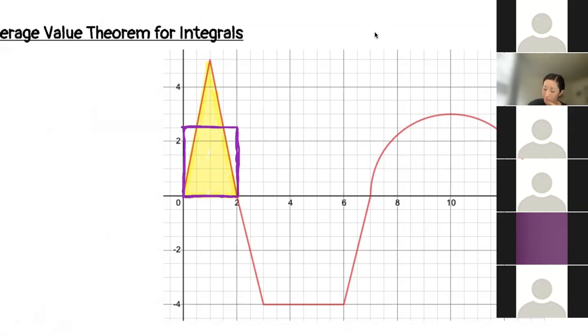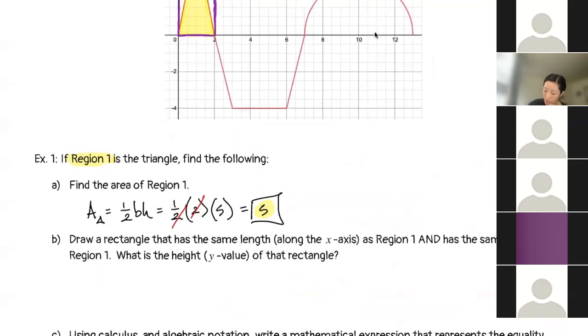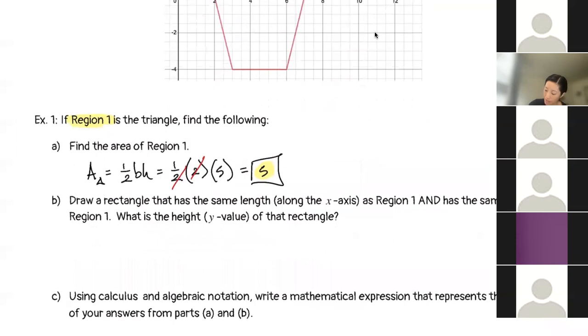Okay. So let's maybe capture what some folks are contributing in the chat. So it says draw a rectangle of the same length. What is the height of the rectangle? So we know that the area of a rectangle equals base times height. All right. And so we want the area to be 5.